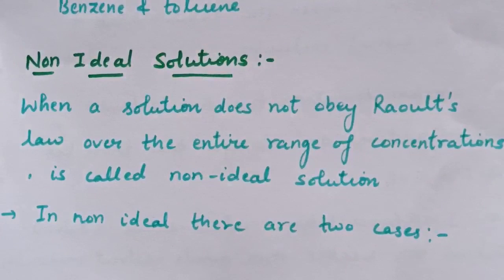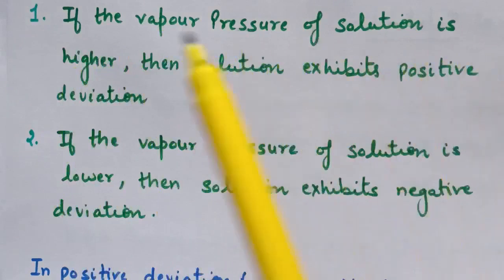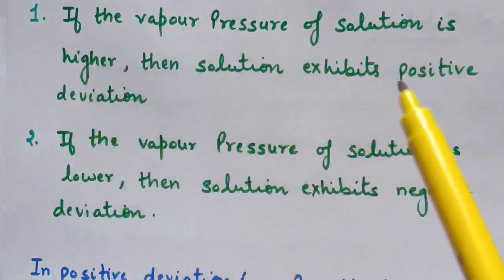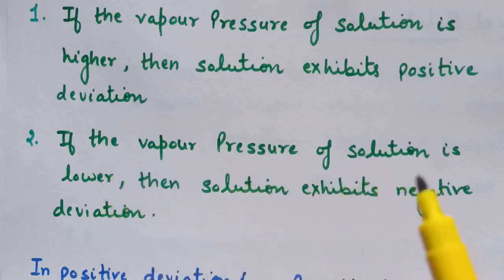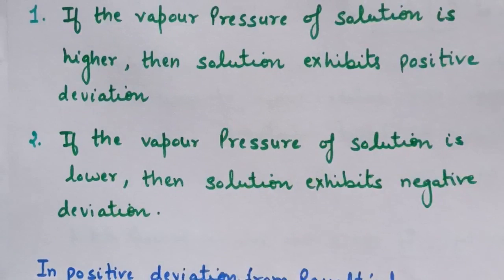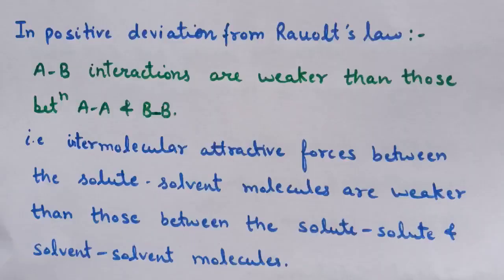The vapor pressure is either higher or lower than that predicted by Raoult's law. If the vapor pressure of the solution is higher, the solution exhibits positive deviation, and if the vapor pressure is lower, the solution exhibits negative deviation. So in non-ideal solutions, there are two cases, positive deviation and negative deviation from Raoult's law.